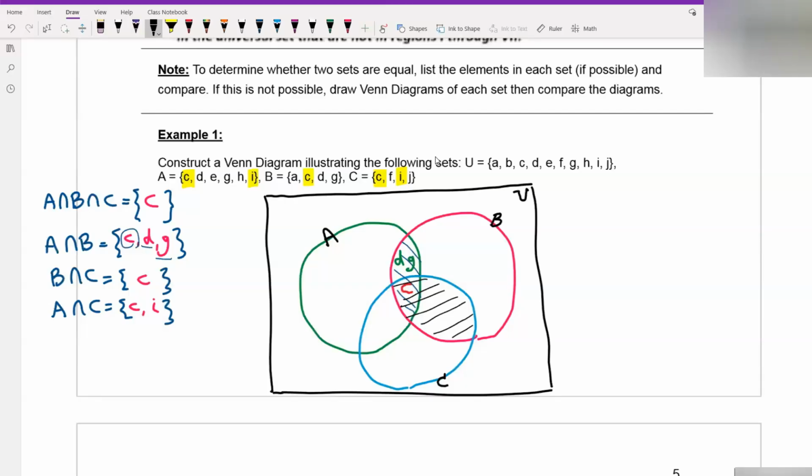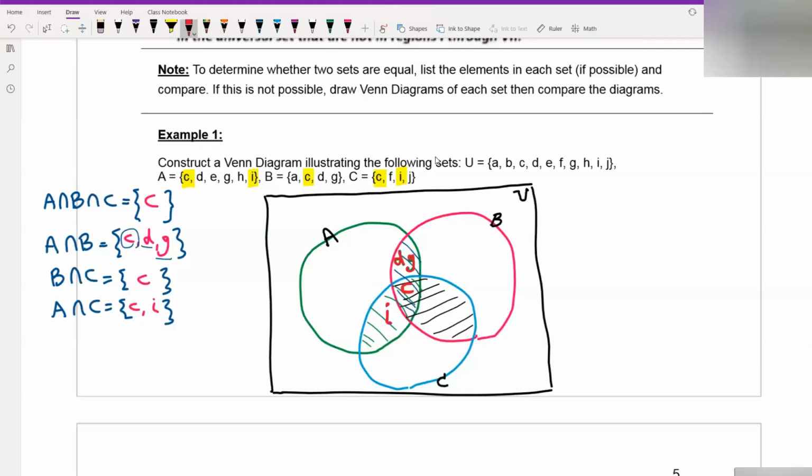And finally, A and C is C, I. Is that part, and we have C, but we don't have I, so we have to add that here. Now we have to complete the rest, not the intersection part, but only A and only B and only C.